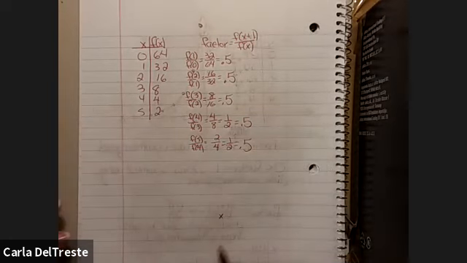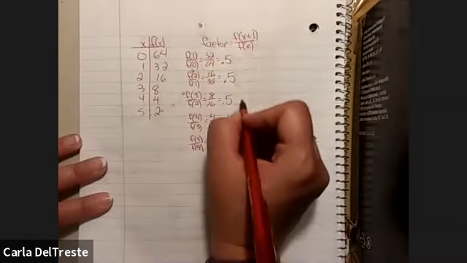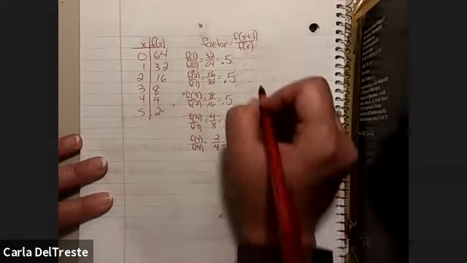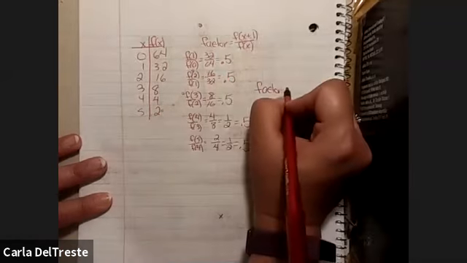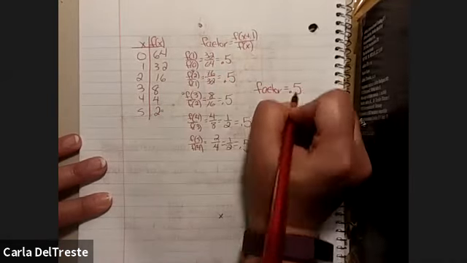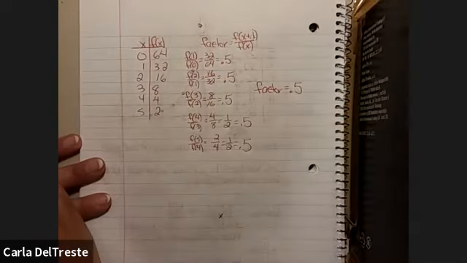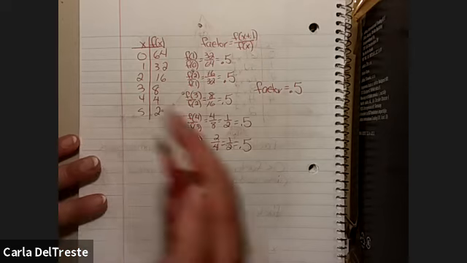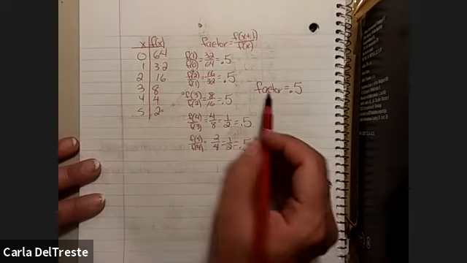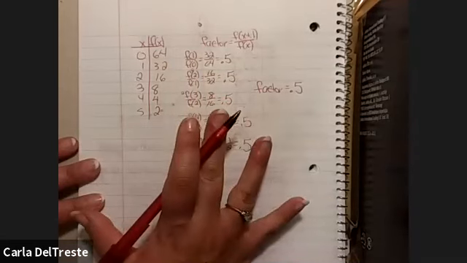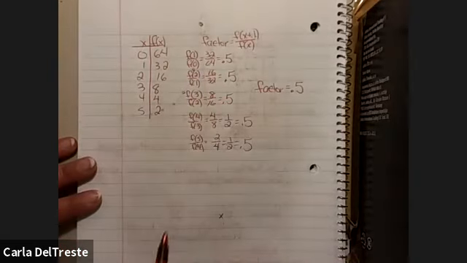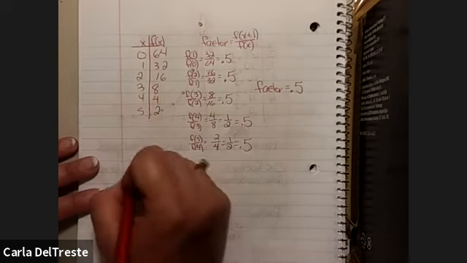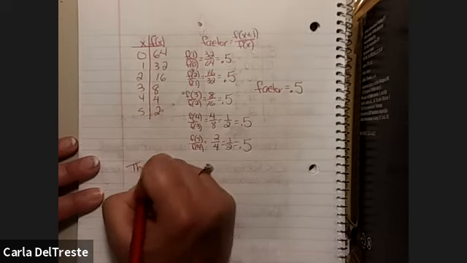Okay? So the fact that this is constant the whole way down tells me two things. It tells me it's exponential, and it tells me the factor is 0.5. Okay? So this is exponential because the output is constantly multiplied by 0.5 for every one change in x. We're actually going to put that in words.